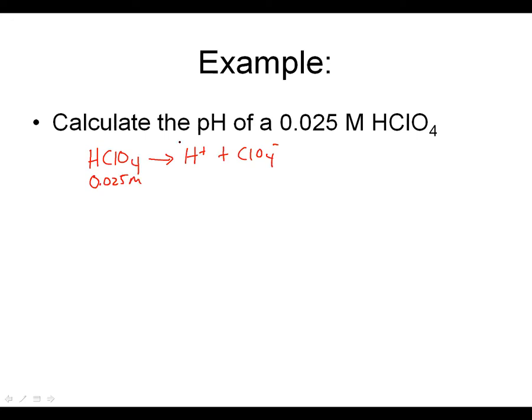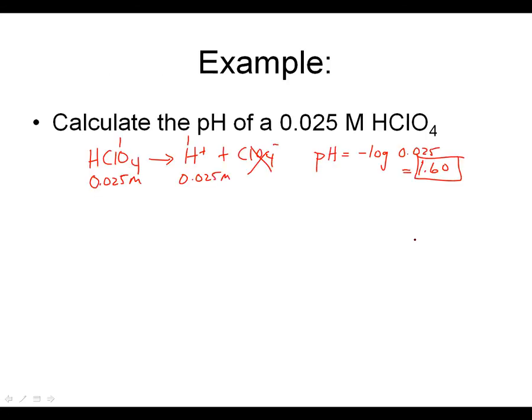It's a 1-to-1 relationship, which means the concentration here would be 0.025. And again, we don't really have to worry about this in terms of pH. So the pH here would be minus the log of 0.025. And that would get us a pH of 1.60, which again is acidic, which is good because this is an acid. So we would expect that.